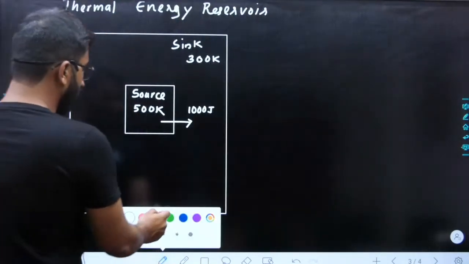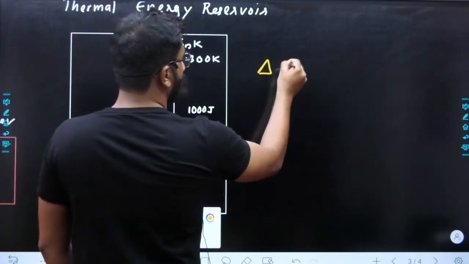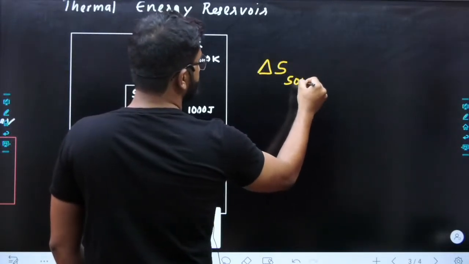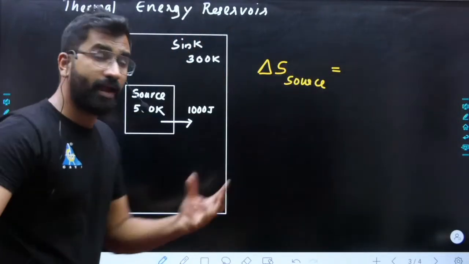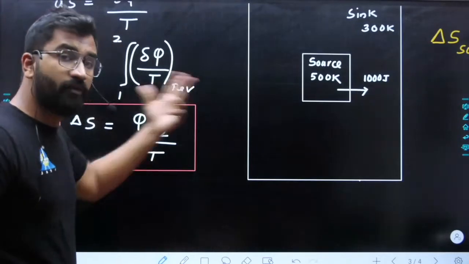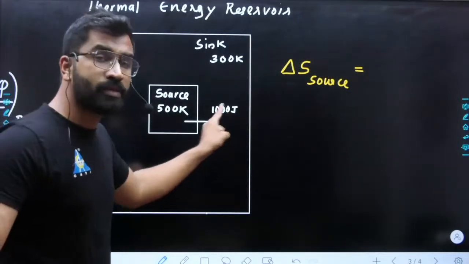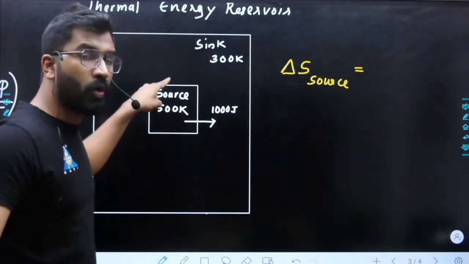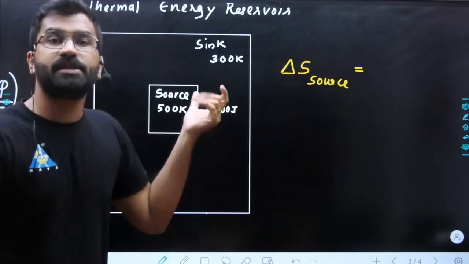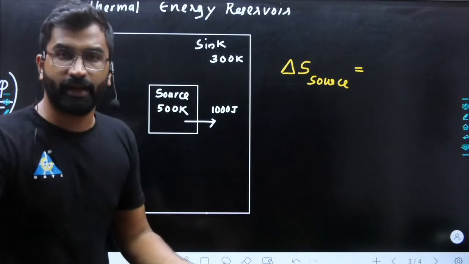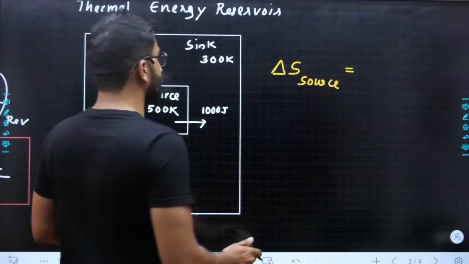Now, if you want to find the entropy change of the source, we can use directly Q by T. Why? Because by this 1000 joule of heat transfer, your source temperature will never change. This is a thermal energy reservoir, so its temperature will not be affected.